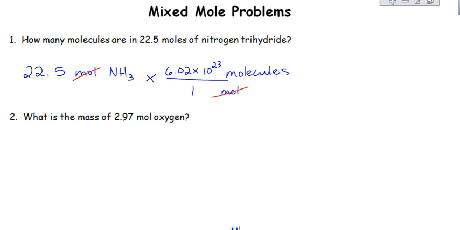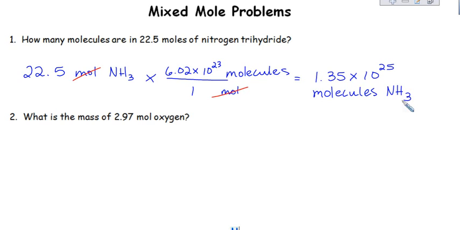Every 1 mole has 6.02 times 10 to the 23rd molecules, and I got a lot of moles, 22.5. 1.35 times 10 to the 25th molecules of NH3. The original had 3 sig figs, so I left 3.